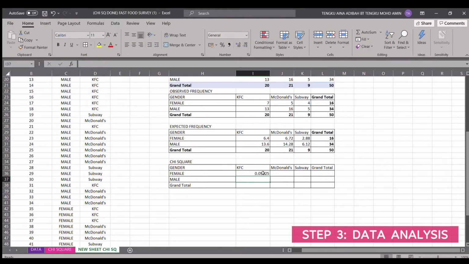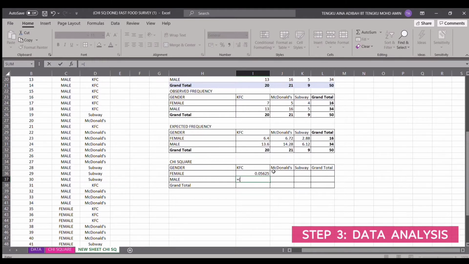So these are the answers to find the chi-square. Again, I open bracket, and then the formula is actually observed frequency minus expected frequency, and then square because it is chi-square, and then divided by the expected frequency again.